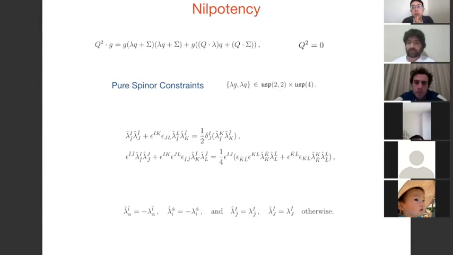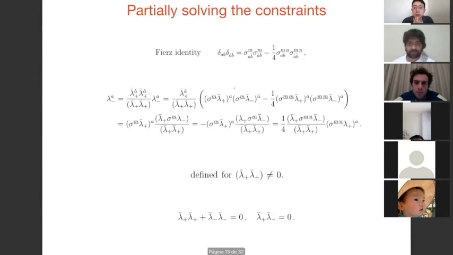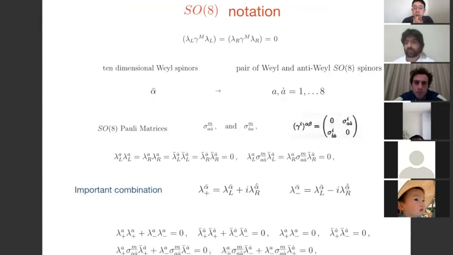Yeah, this is precisely the same content. I'm not imposing any further constraint; the usual pure spinor constraint is the same. I'm just breaking the SO here, written in terms of this 10 dimensions.